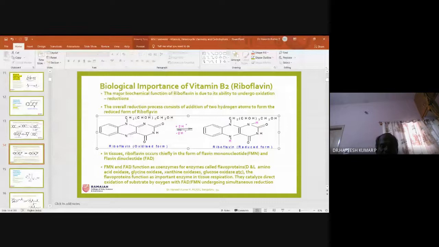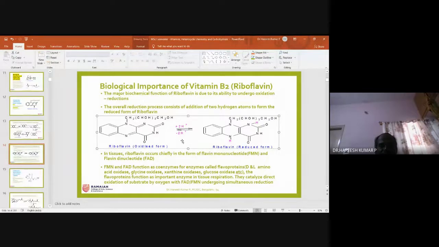What it means is that it can undergo oxidation reduction. It can accept two protons and convert into a reduced form, and it can give two protons and convert into an oxidized form.